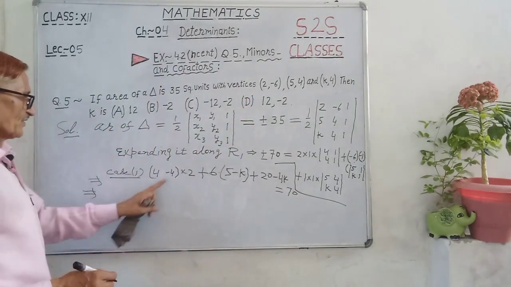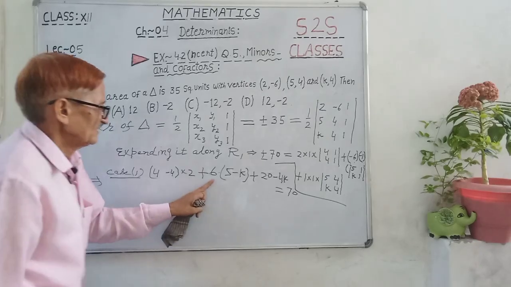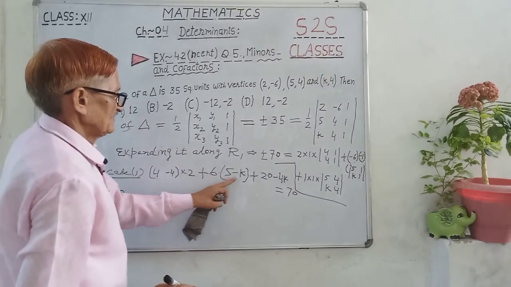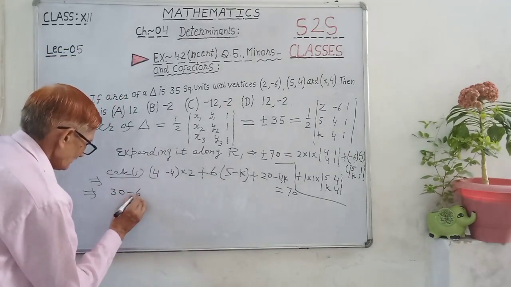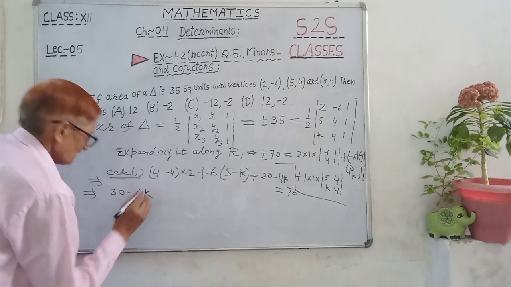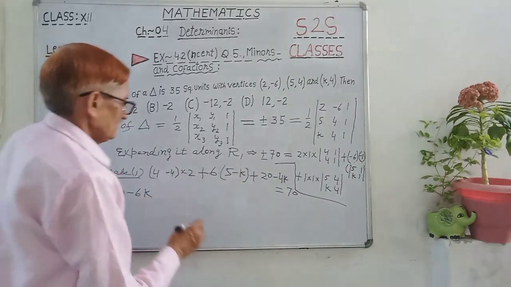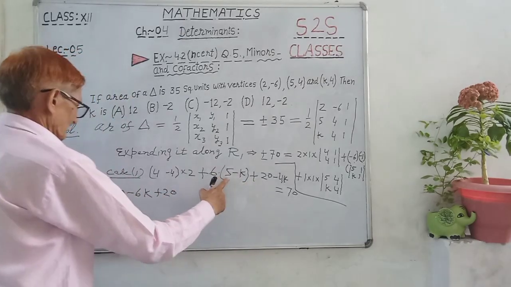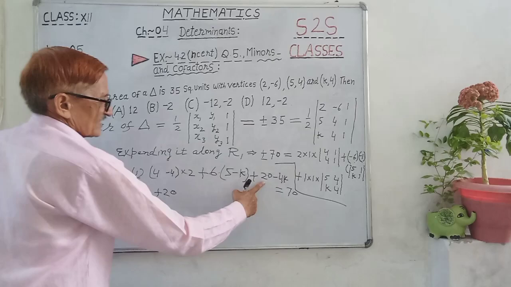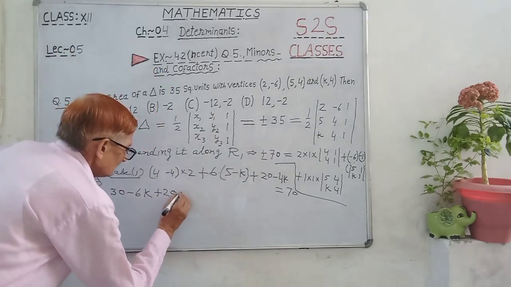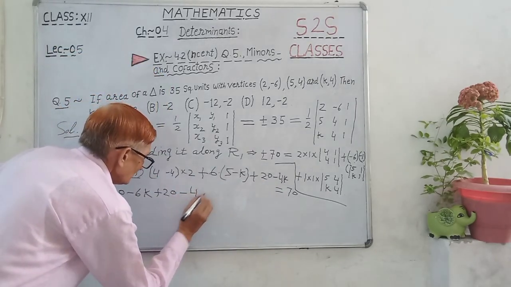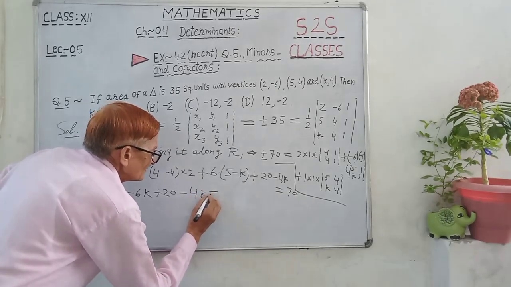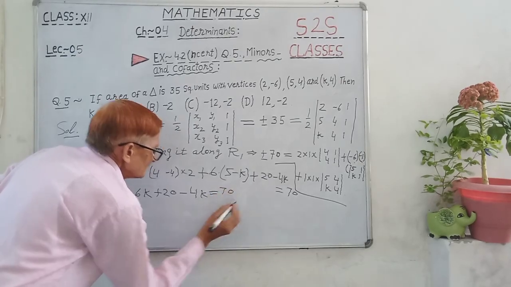Then simplify 4 minus 40, that is 20, 6 times 5 is 30, minus 6k plus 20 and minus 4k is equal to 70.